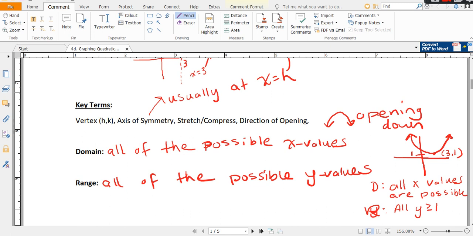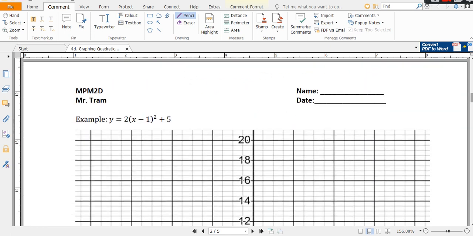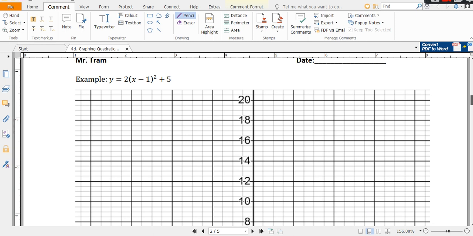Okay, now graphing with vertex form. It's actually pretty straightforward. So y equals 2(x minus 1) squared plus 5. So the vertex I know is at (1, 5). So remember, the sign switches. Negative 1, it should be positive 1. So the vertex would be at (1, 5).